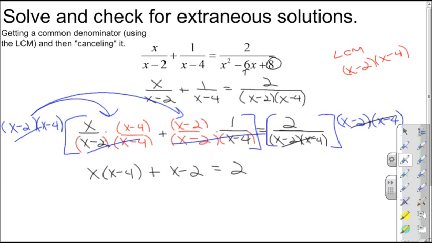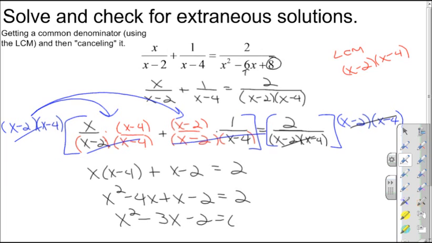Okay? So that gives us x squared minus 4x plus x minus 2 is equal to 2, which gives us x squared minus 3x minus 2 equals 2.